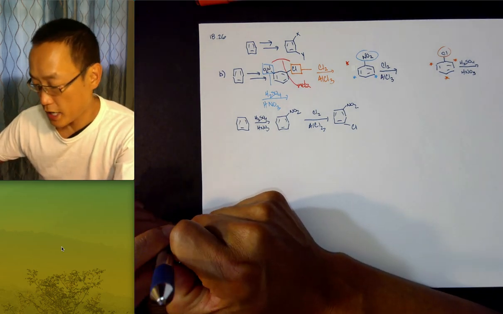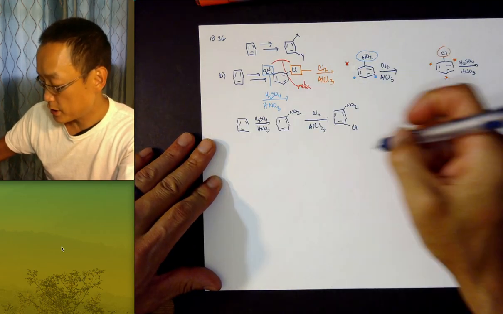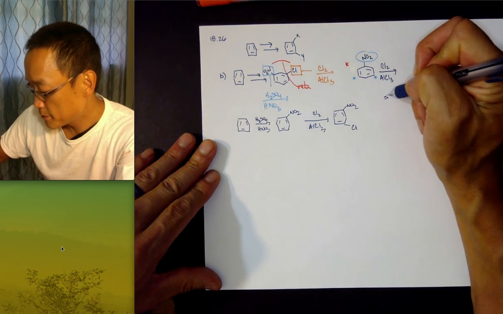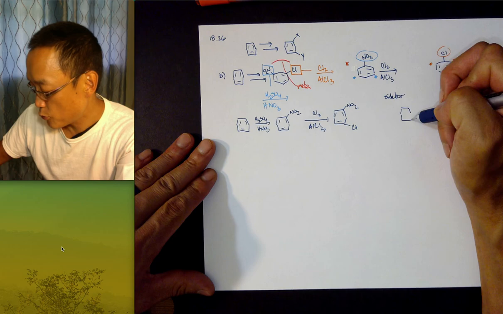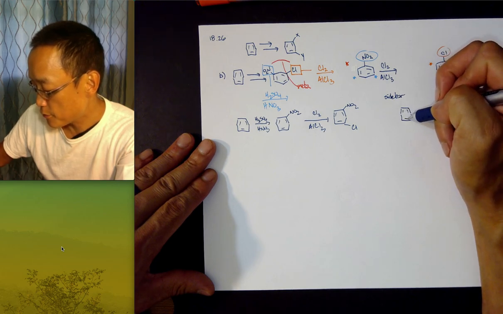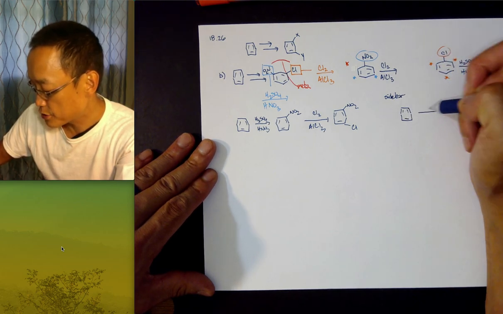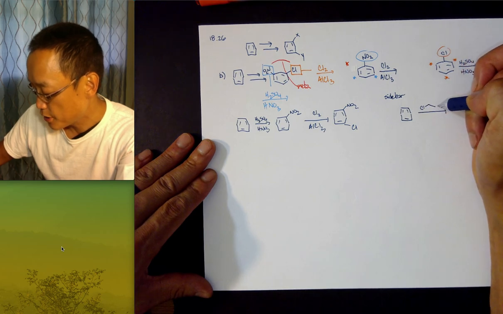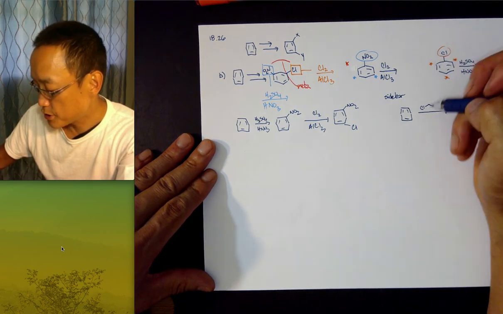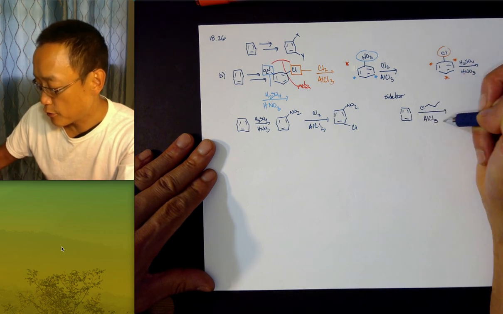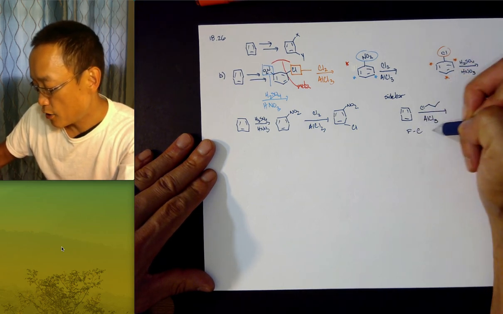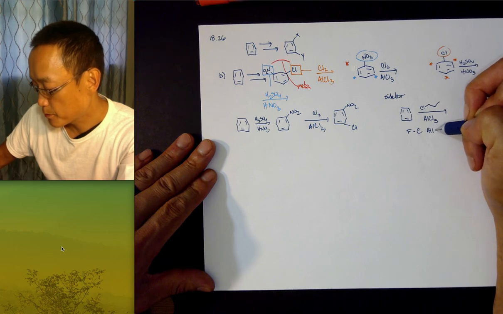But the question asked, before we go into any others, so sidebar. We know that when we are trying to Friedel-Crafts alkylate, which is this reaction right here, there are two considerations that we must make.